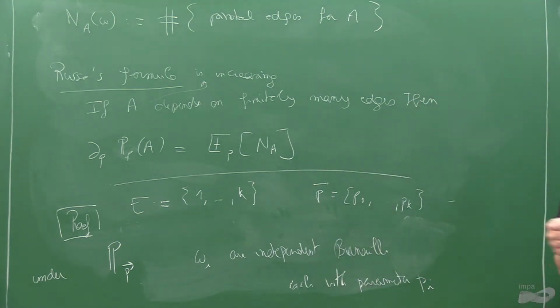So I'm just defining a measure where my variables are still independent, but the probability of being open is not the same for every edge.